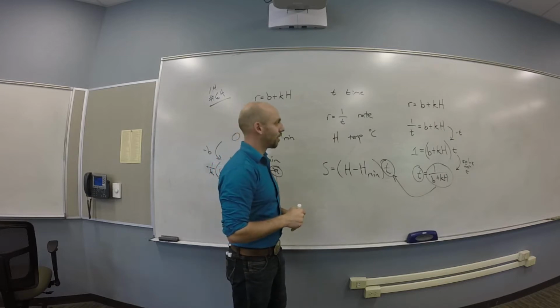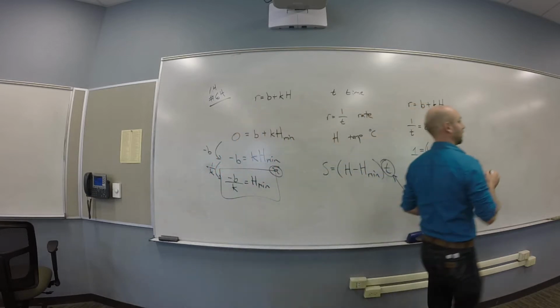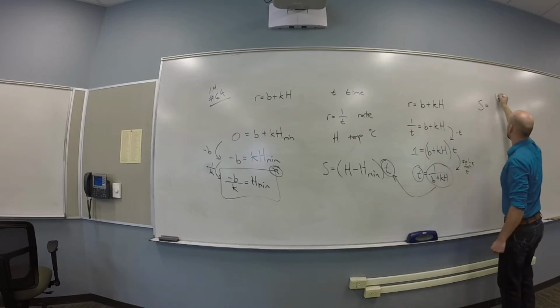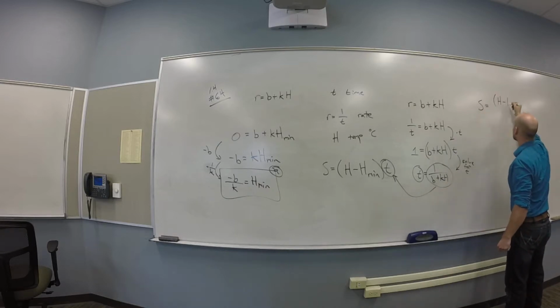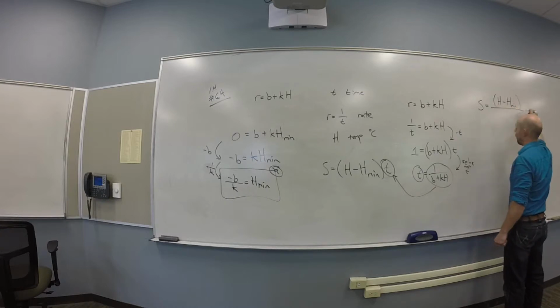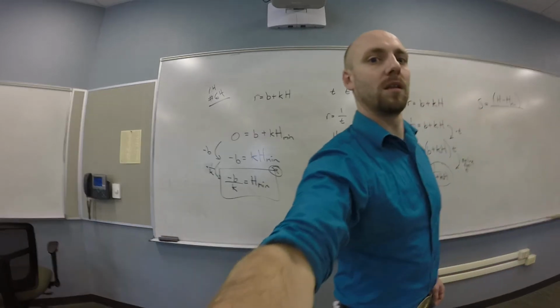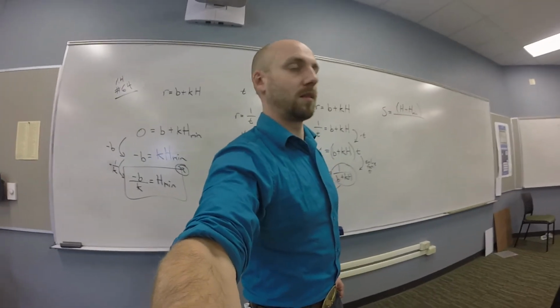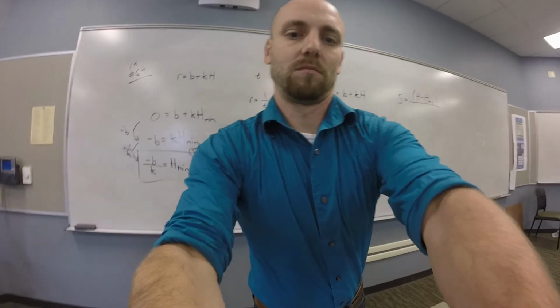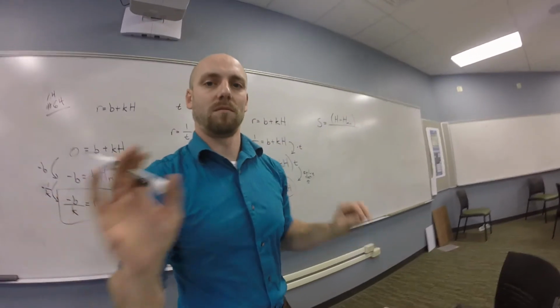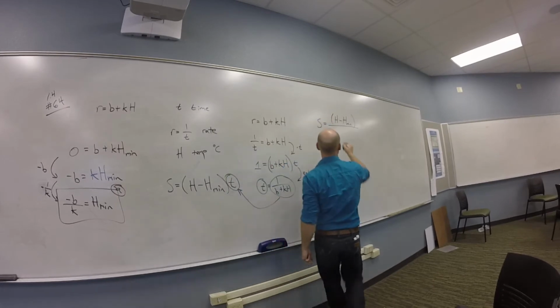Now it seems like I probably made everything way worse, right? So far I have S is h minus h min over b plus kh.